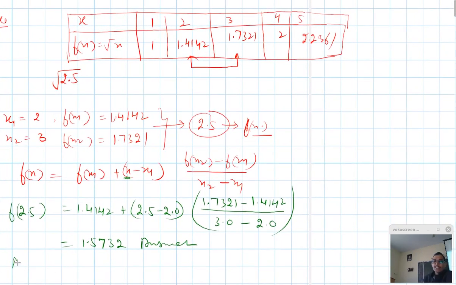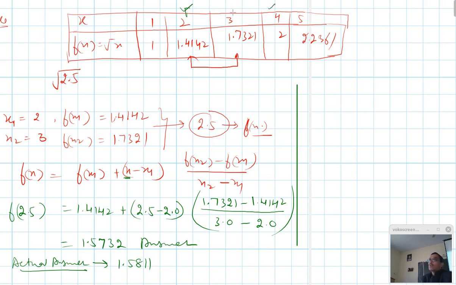And what is the actual answer? The actual answer is 1.5811. So it is a little bit far away. But let us do one more thing. What if I take a different set of points, ignoring 3?